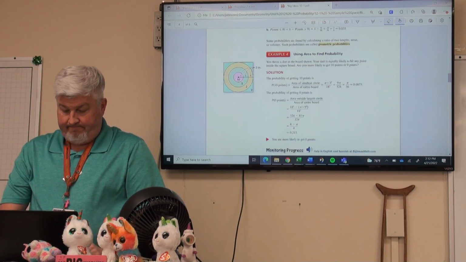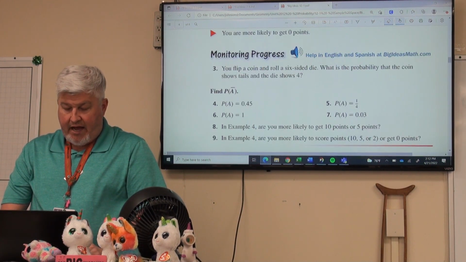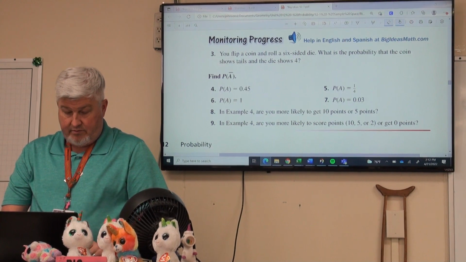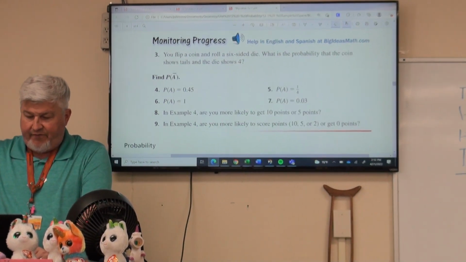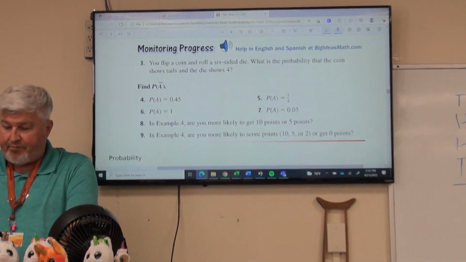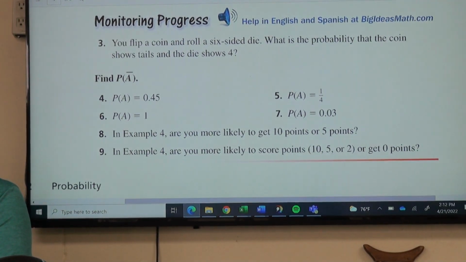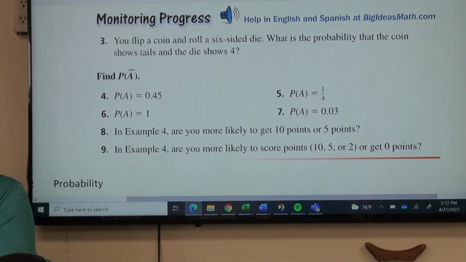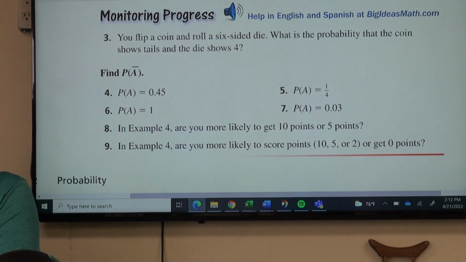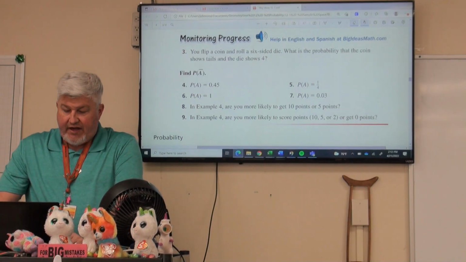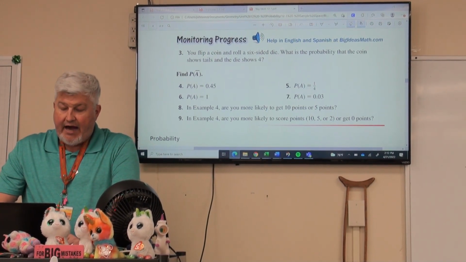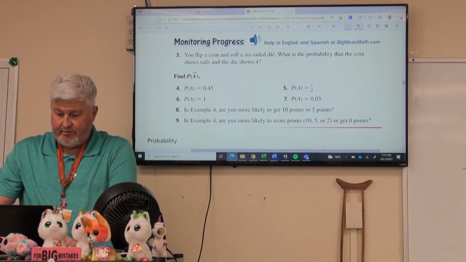All right, here's monitoring progress. You flip a coin and roll a 6-sided die. What is the probability the coin shows tails and the die shows a 4? And then for the next 4, you find the complement to what is listed there.